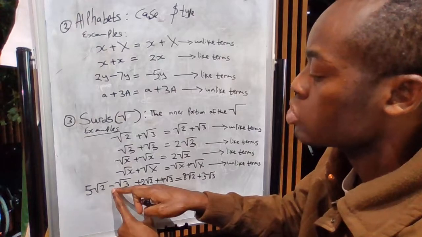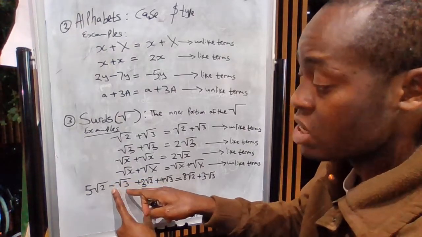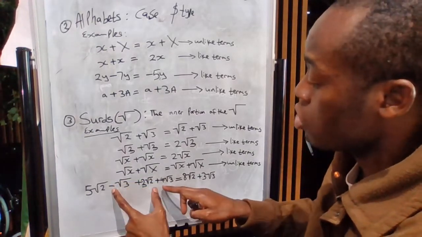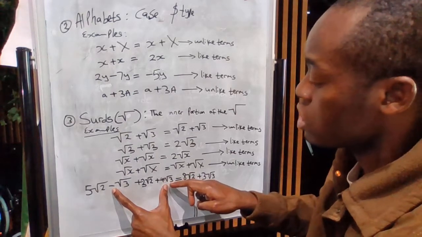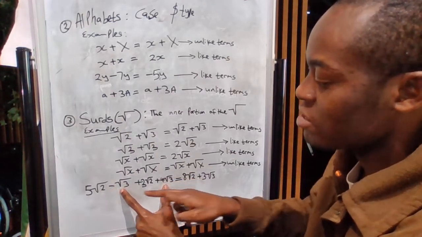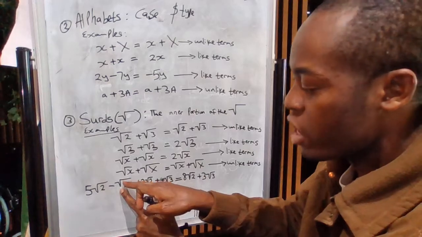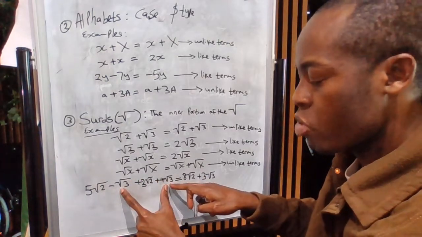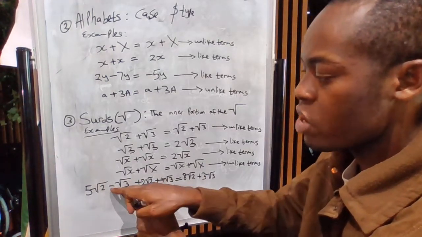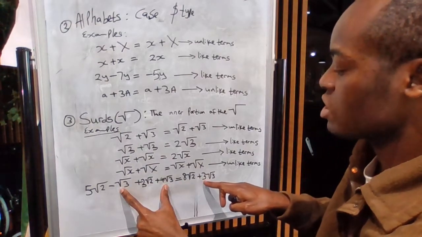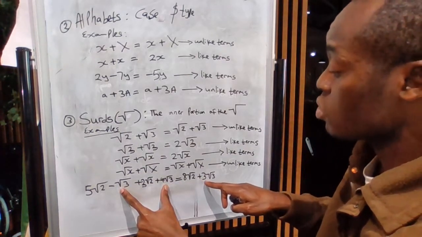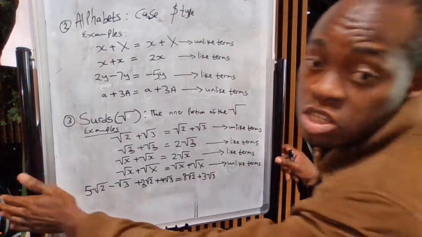This one is minus, this one is 1 root 3, also this one is 4 root 3. It's just 1 boy, 4 boys. So if you take away 1 from 4, it gives you what? 3. So the root 3, that is 3 root 3. That is just the secret.